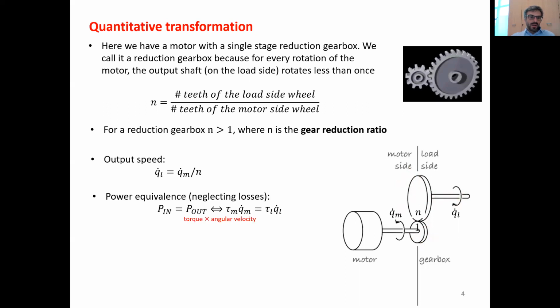While due to the power equivalence, we said that power in is equal to power out, and we have the product of torque of motor times velocity of the motor is equal to torque of the load times velocity of the load. And because of that, and because of the previous relation, we get the reciprocal relation that tells us that the load torque is N times the motor torque.